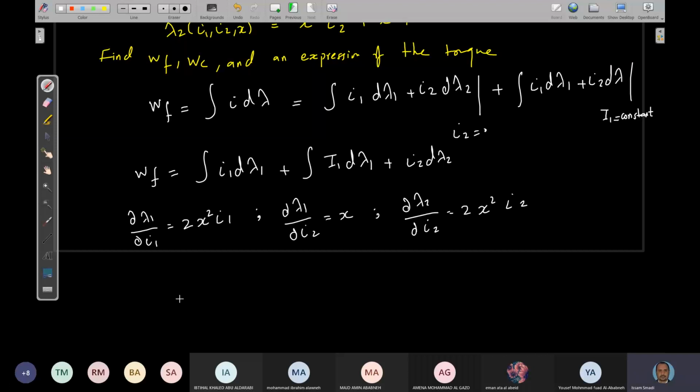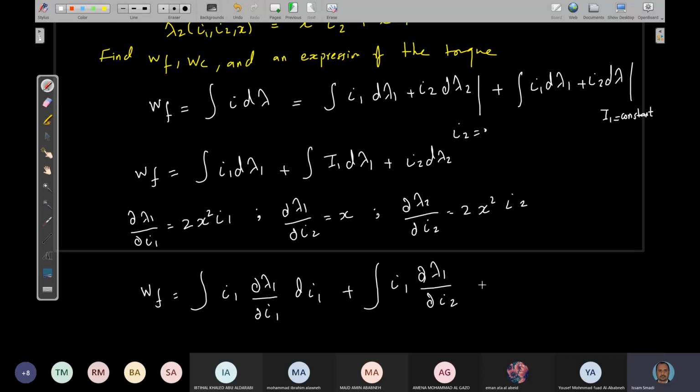So now omega f will equal the integration of I1 partial lambda 1 partial I1 dI1, plus the integration of I1 partial lambda 1 partial I2 dI2, plus I2 partial lambda 2 by partial I2 dI2.